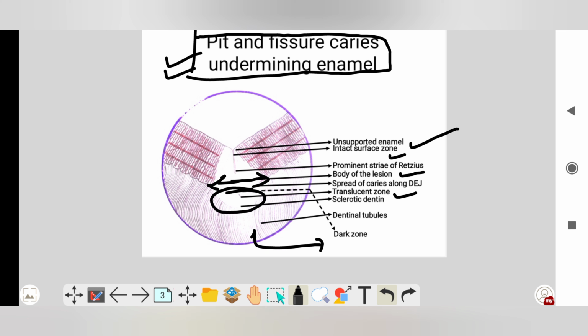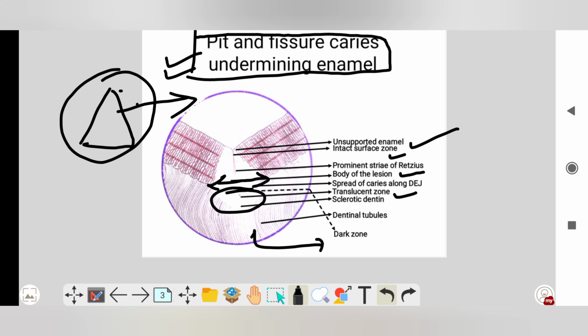This is a brief view of pit and fissure caries, and these are the ground sections. Please remember the shape of the cone in enamel caries: the apex of the cone is towards the enamel surface, or the occlusal surface, and the base is always towards the DEJ. This is about pit and fissure caries.